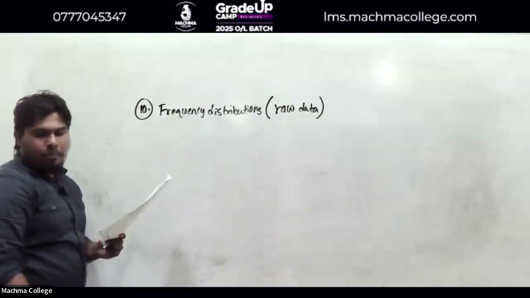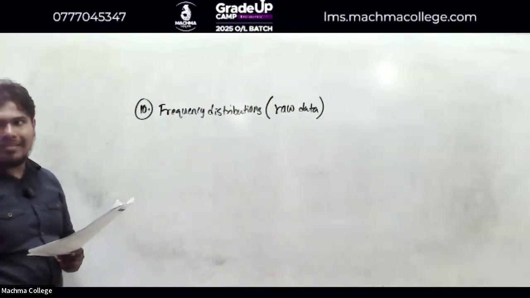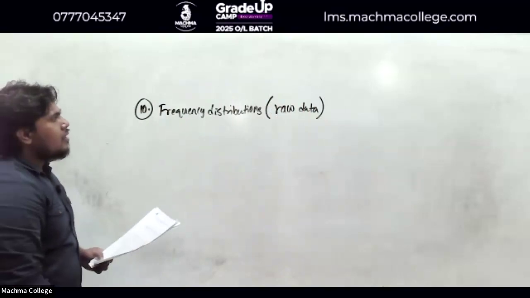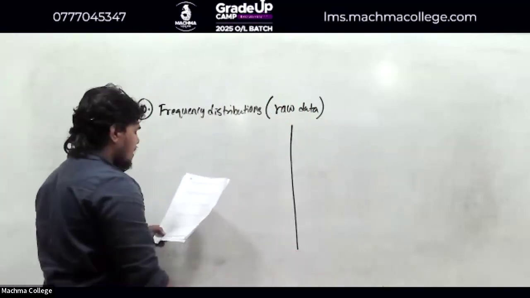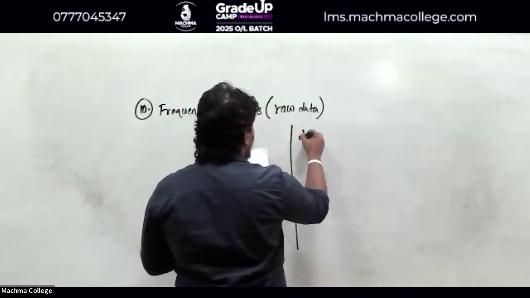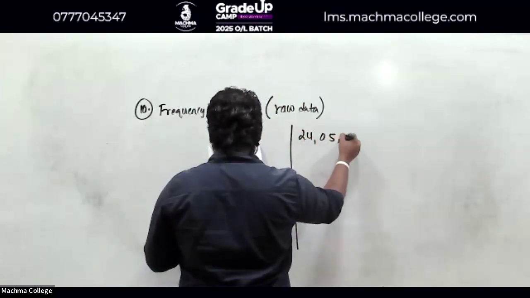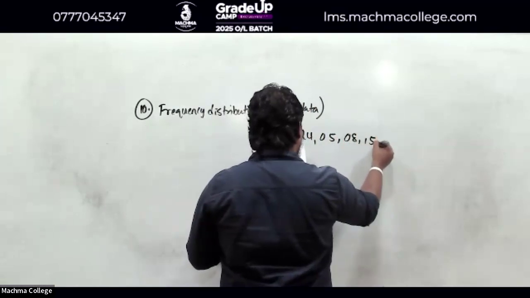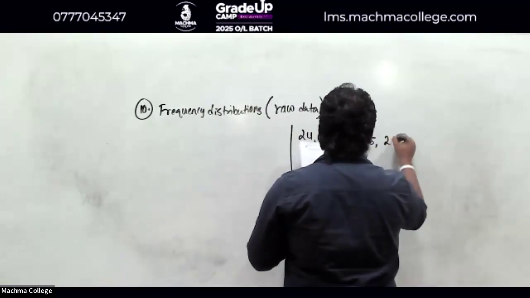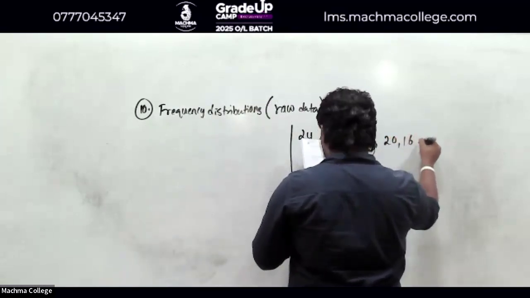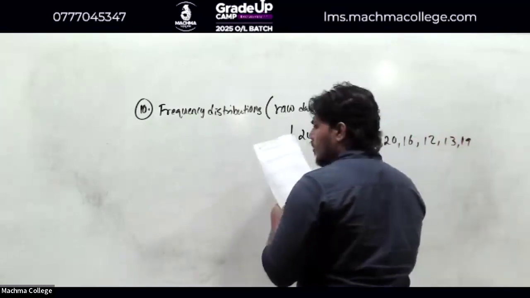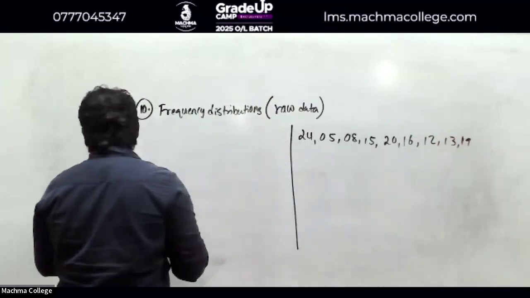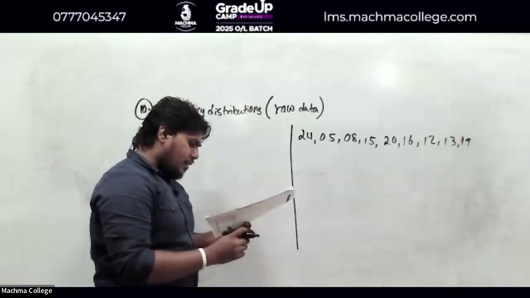Okay, not row, raw data. So the raw data set is given: 24, 5, 8, 15, 20, 16, 12, 13 and 19. So these are the data that they have provided.